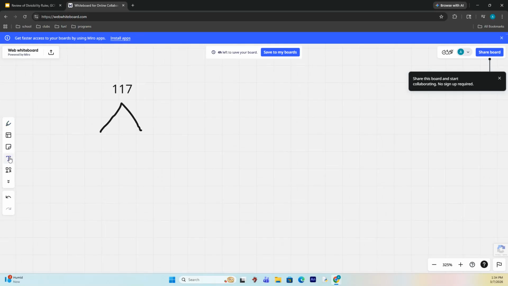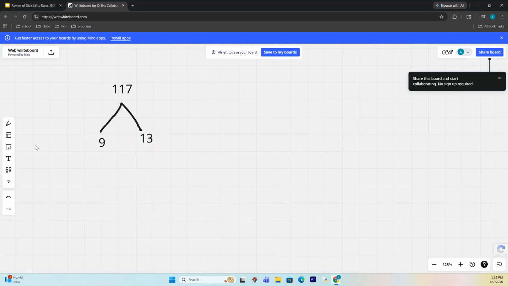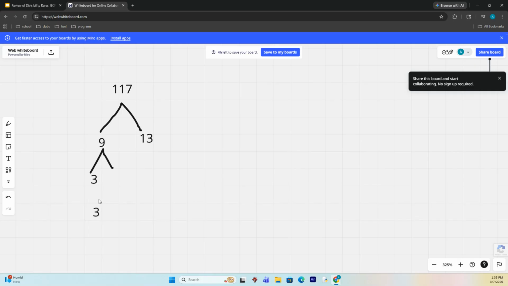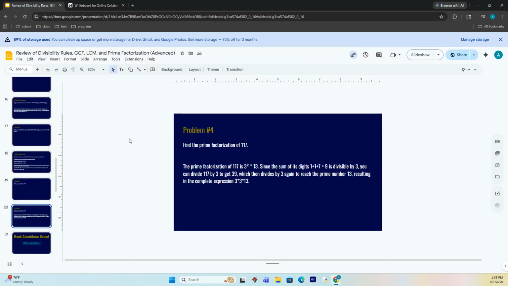So we already know it's divisible by 9, and dividing it out, we find out that it's 13. And 13 is a prime number. You're welcome to check that right when you get it. I always like to check to make sure prime numbers are prime just to be entirely sure. And this divides into 3, 3, and 13. So your final prime factorization is 3 squared times 13, or 3 times 3 times 13.